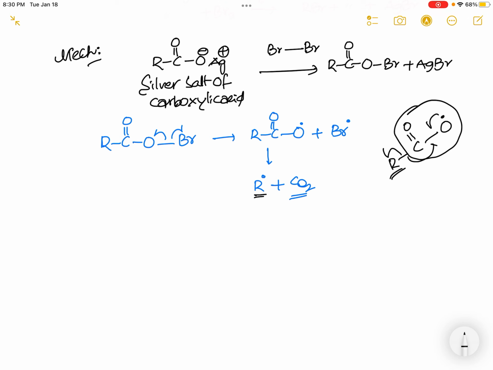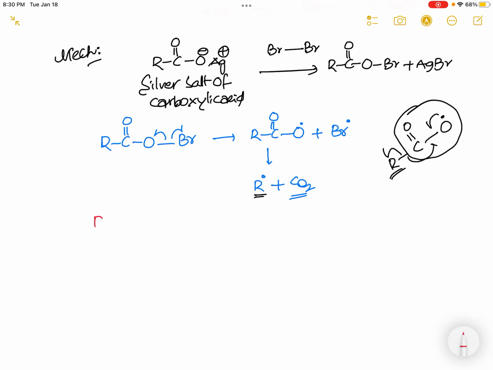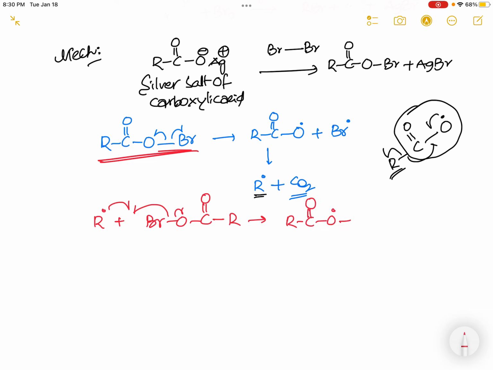So R dot is formed here. This R dot is going to attack the next molecule, like this I am writing here, BrOC double bond O R. A bond is formed between them, which gives RC double bond O dot plus RBr.